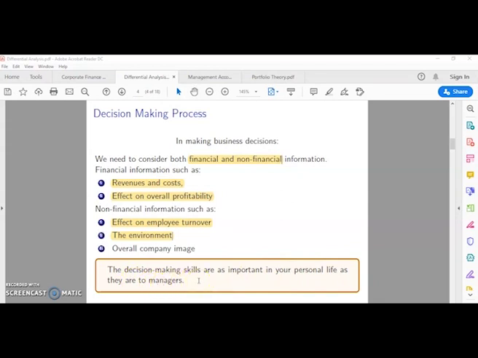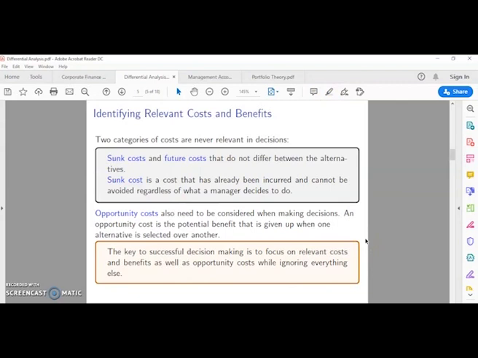So when you are going through this chapter, please try to remind yourself where you can implement any of these processes in your personal life, because in any case you need to make some decisions in your personal life, and this is of course the importance of these processes in your life. So you need to have these decision making skills, which are important also for your personal life.